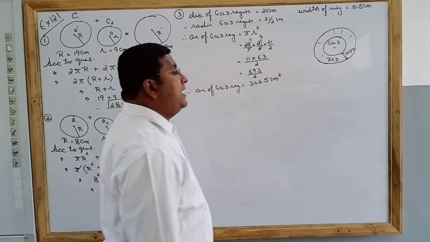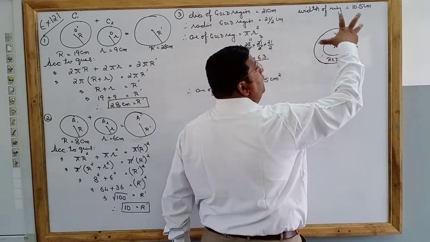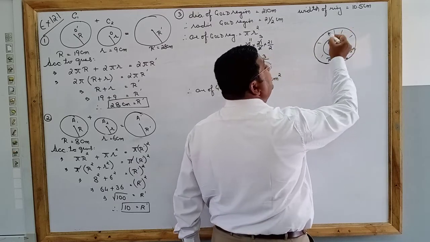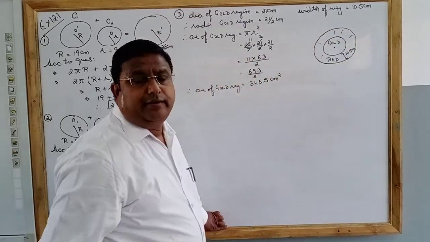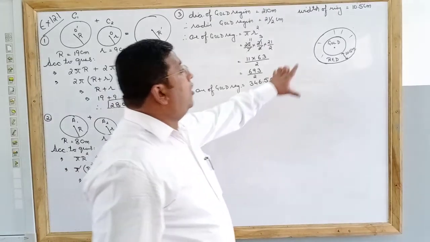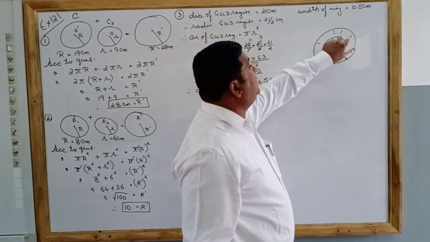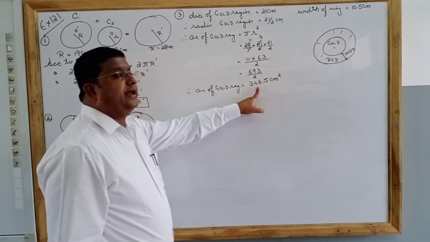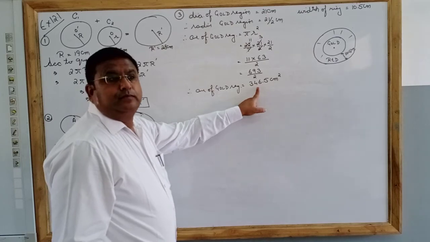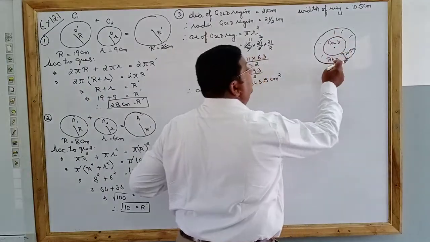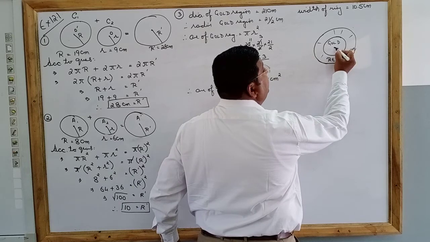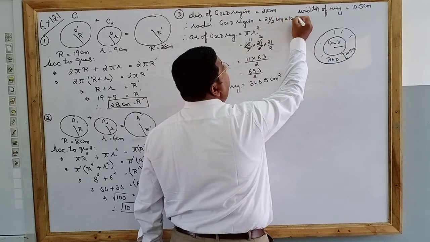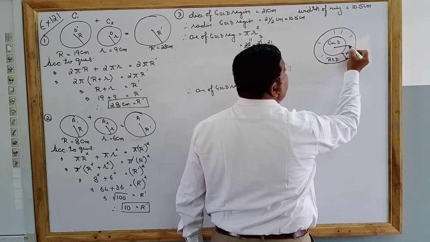So you can see, if I need to find this red region from this bigger circle, I need to subtract the area of this gold. Will I get the area of this shaded region? Definitely. From the area of the bigger circle, we need to subtract the area of this gold region, and the area of gold region is already there with us, right? So to find the area we need to find the radius. Here this radius was 10.5, that was the gold region. 21 by 2, that is 10.5, and another 10.5 will be the width of this ring.